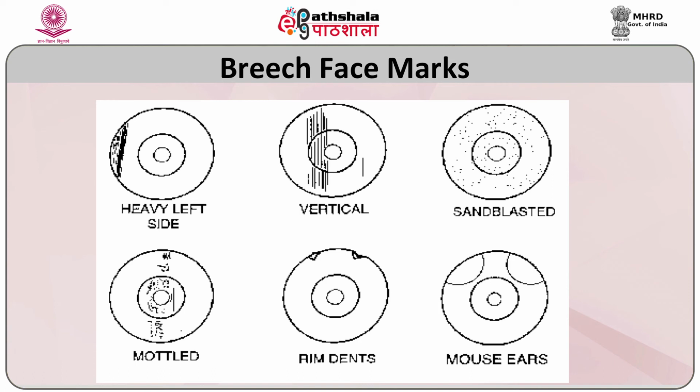If the imprint of the profile on the base of the cartridge is clear and sufficient, the breech face marks are not always available. They are often absent on cartridges fired from shotguns. They are generally imprinted when either the ammunition develops an abnormally high pressure or when the shotgun is defective.